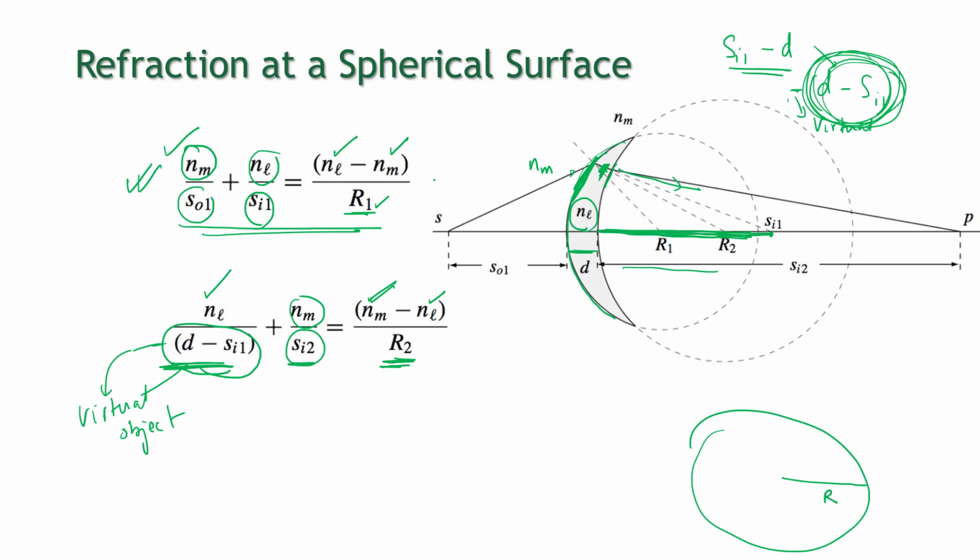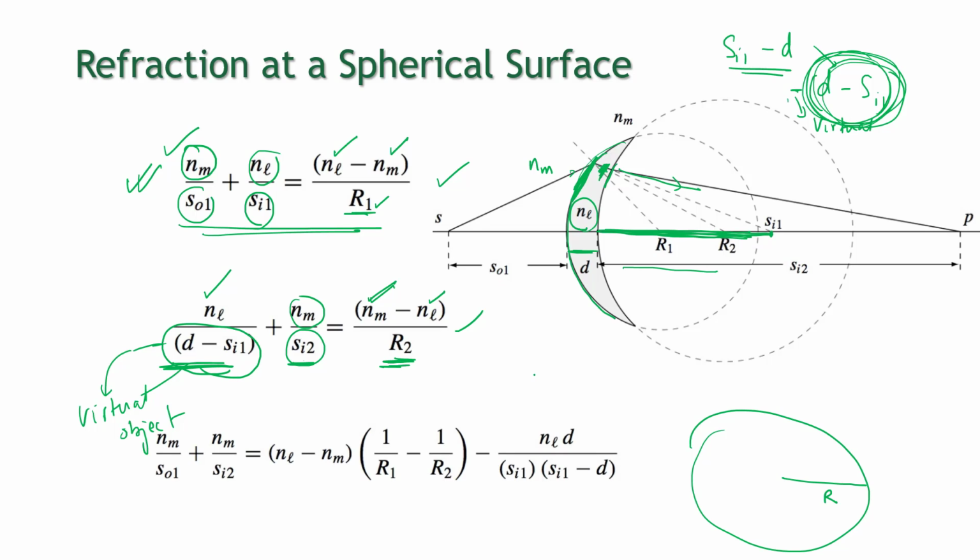So we have two equations for two surfaces, and we can subtract the two equations. When we subtract this one from this one, we get this expression.